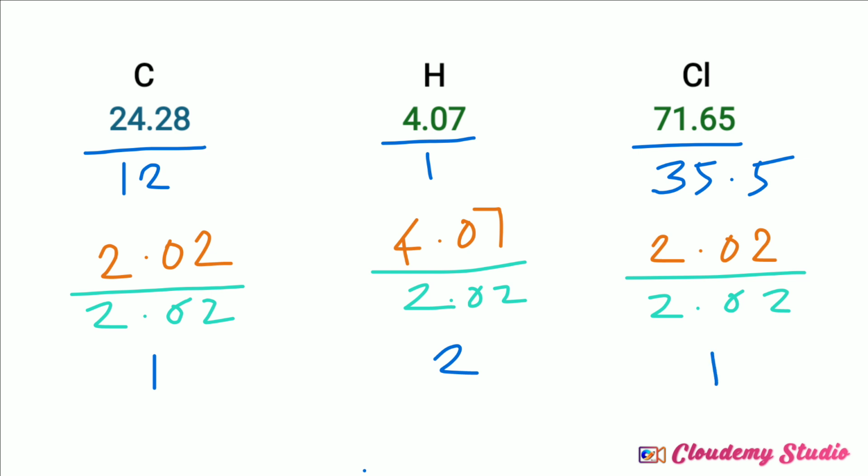Now we have got the simplest ratio of atoms. That is, the ratio of carbon, hydrogen and chlorine is 1:2:1.